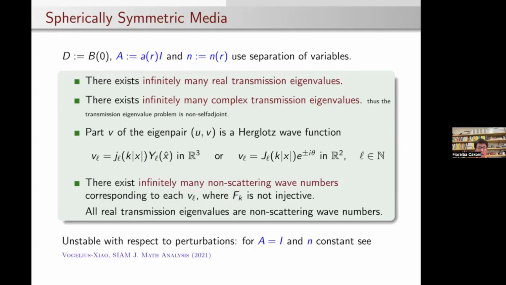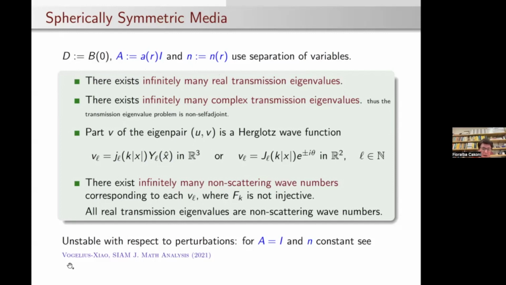configuration is unstable. And actually, I was asked many times how stable this is. So what happens if you perturb a little bit the spherically symmetric media? Do you still have non-scattering?